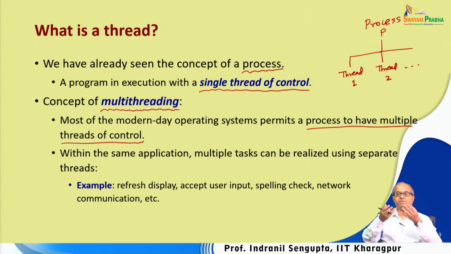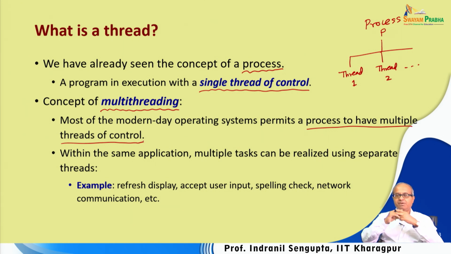When I say multiple threads of control, it means there have to be multiple registers and multiple program counters, and so on. If there are 4 threads running, the 4 threads will have different program counters, because they are doing something different, right? All of them are not executing the same thing. Okay.